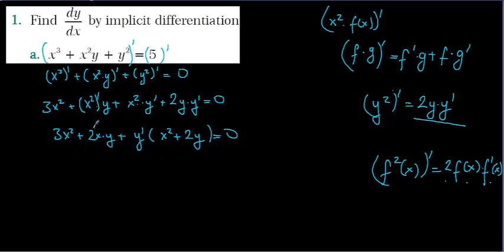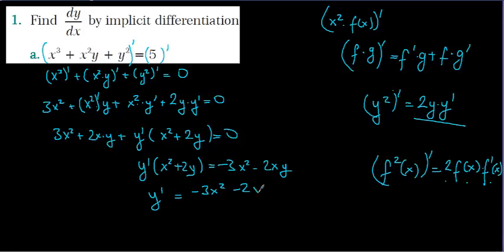These terms don't have the y derivative, that's why they're going to the other side. y derivative times x squared plus 2y is equal to minus 3x squared minus 2xy. Then y derivative is equal to minus 3x squared minus 2xy over x squared plus 2y.